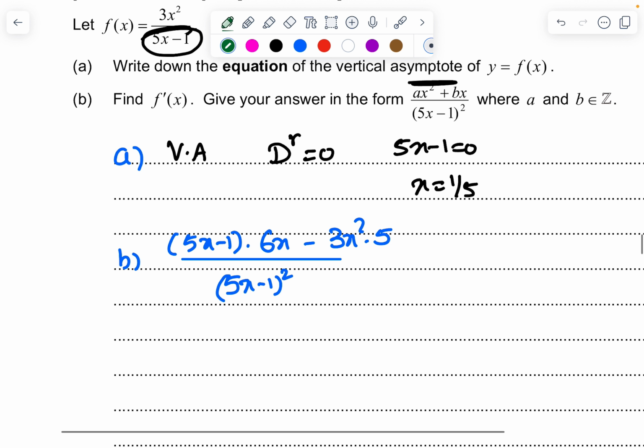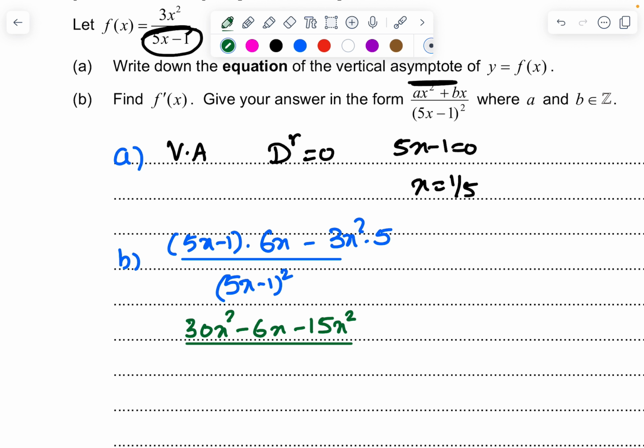So which is going to be 30x square minus 6x minus 15x square divided by 5x minus 1 whole square, which is 15x square minus 6x divided by 5x minus 1 whole square.